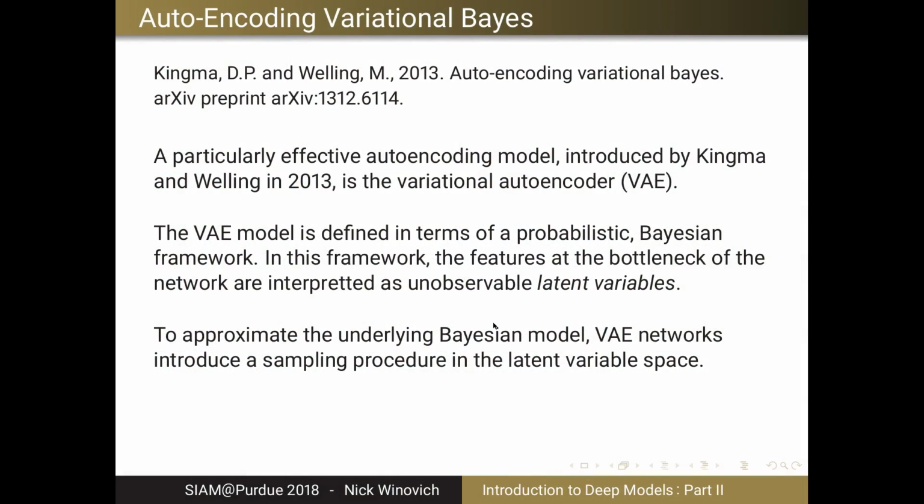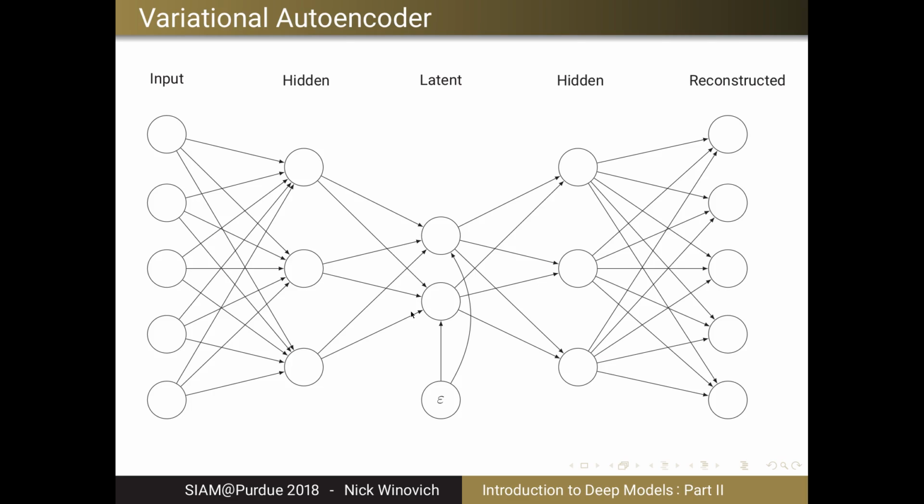So in order to do this, again in this Bayesian inference framework, what they proposed is to incorporate a sampling procedure at the latent level. So the encoding step now, or encoding features, are referred to as latent vectors or latent variables in some latent space.